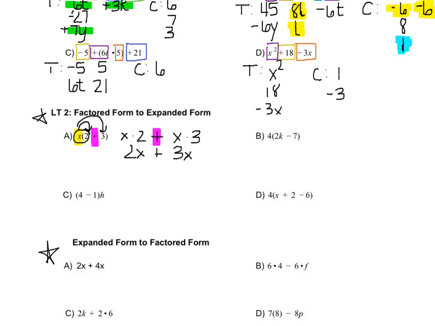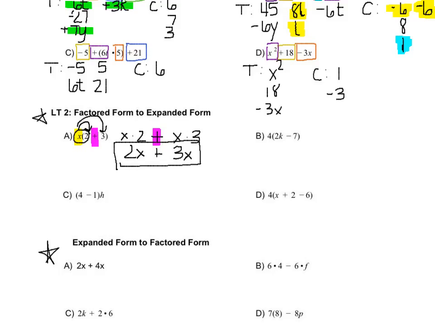So the best way to write it is right there, and that is expanded form. So it does not matter if the variable or the number is on the front or the back side of the parenthesis. It always needs to get shared with whatever is inside the parenthesis.